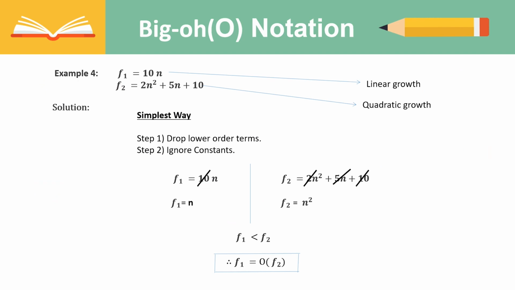Here 2, 5 and 10 are constants. n is a lower order term, so all these get cancelled. Then f2 is equal to n square. Here you can clearly observe f1 is less than f2. Therefore we can easily say f1 is equal to big O of f2. So this is the simplest method to prove asymptotic notations.